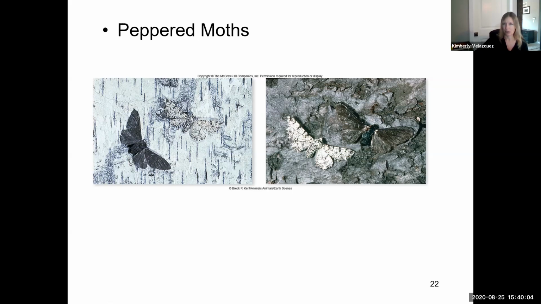Well, guess what? We started polluting. The birch tree bark turned dark, and now the dark ones became more common. So selective pressure would be, again, the predator. And what offered a survival advantage at one point in time actually became a disadvantage at another point in time. So the environment is constantly changing.